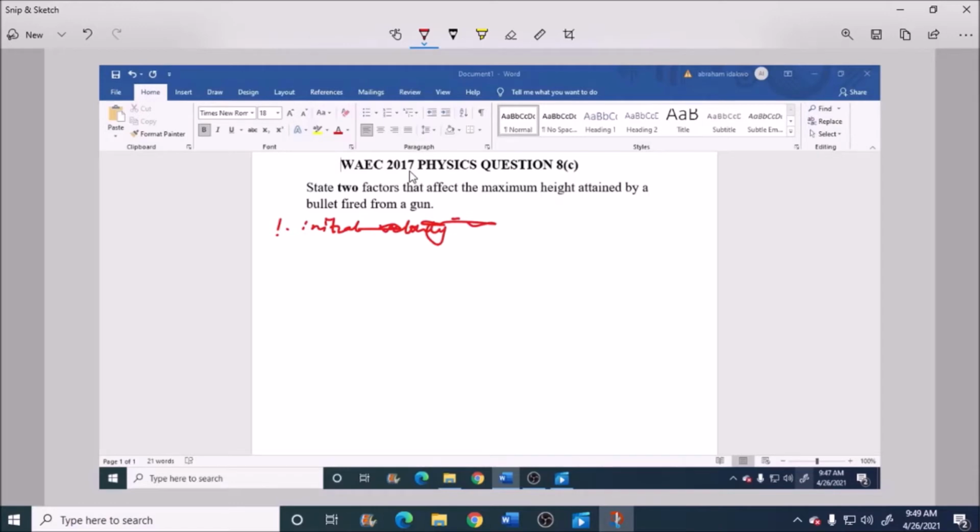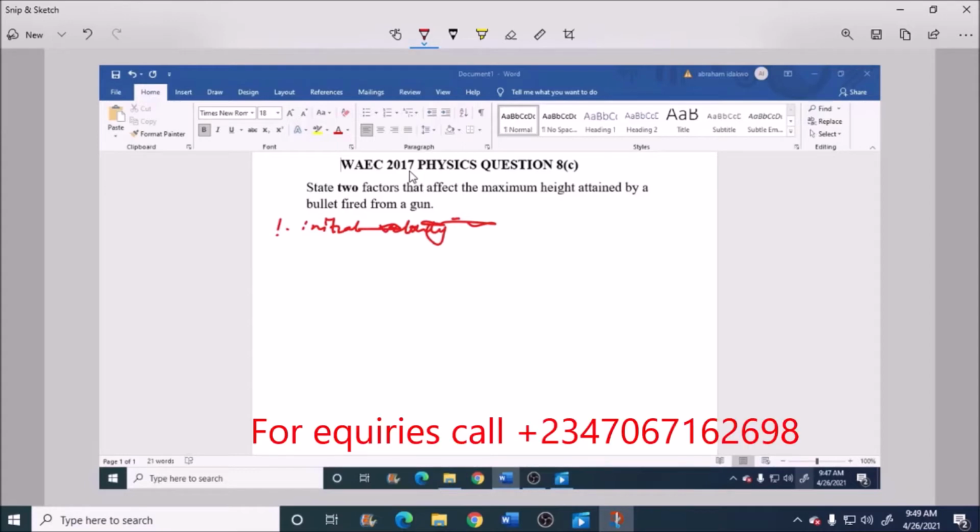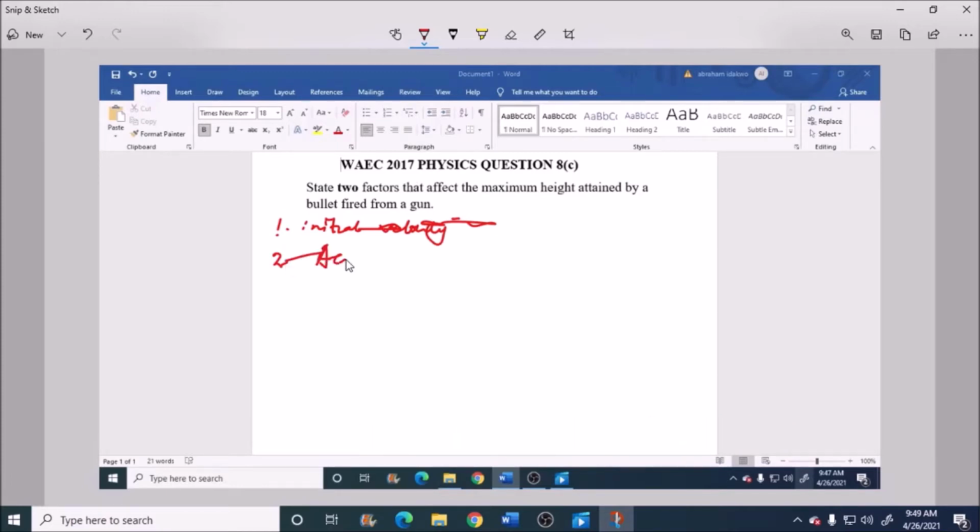Then number two we have acceleration due to gravity.